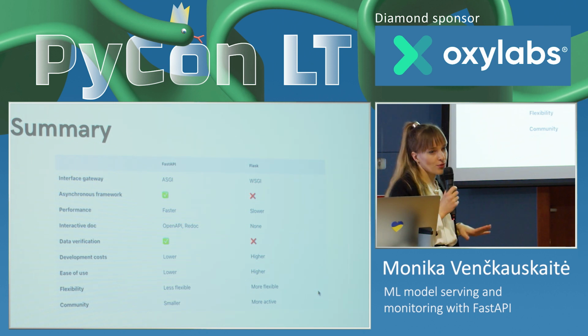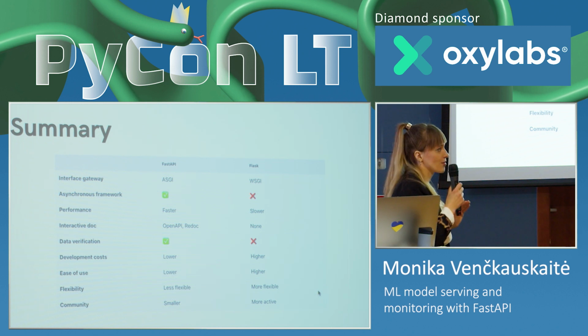There are only two disadvantages. It has a smaller community, but it's growing. I already noticed that half of you who use Flask already use FastAPI, which is great news. And it's a bit less flexible.